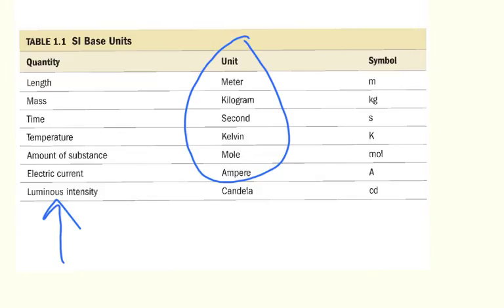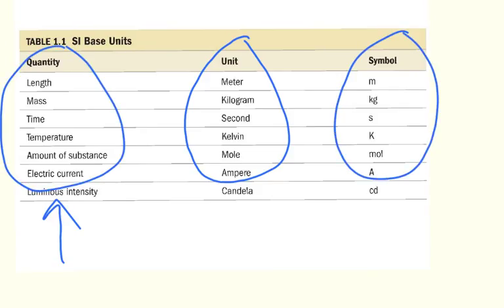I have never solved a chemistry problem using that. So, it's up to you how familiar you would like to be with that. But these SI base units, you should know the unit, what quantity it's measuring, and then also the symbol. This is going to help you understand how to solve your chemistry problems.